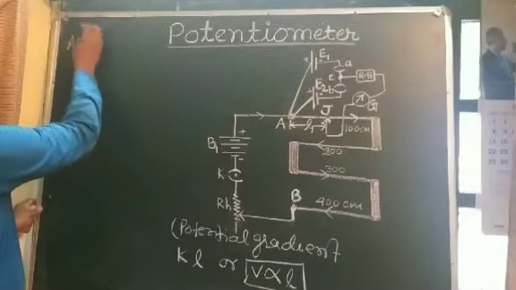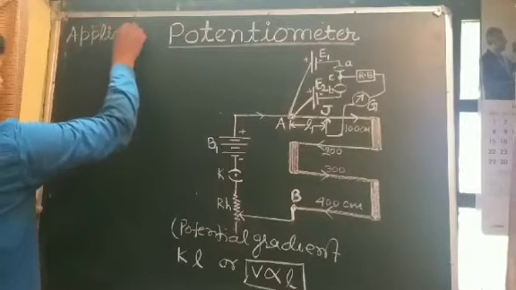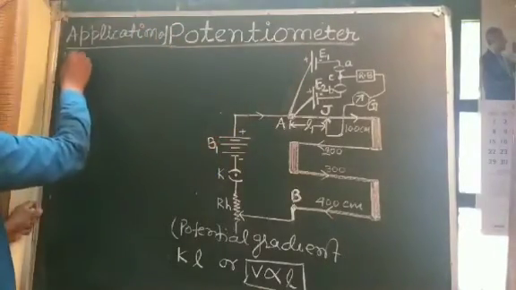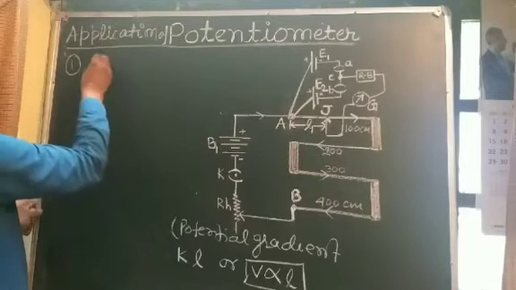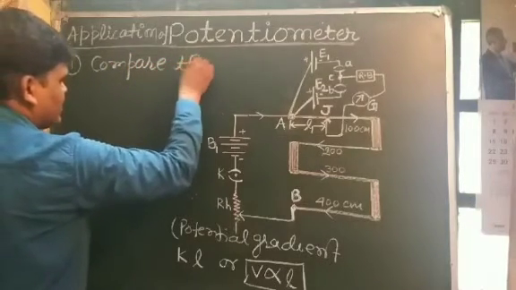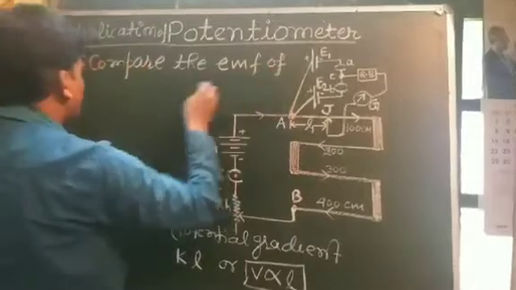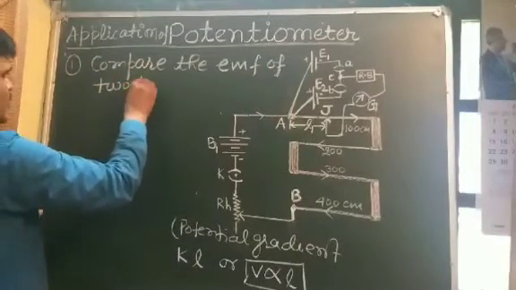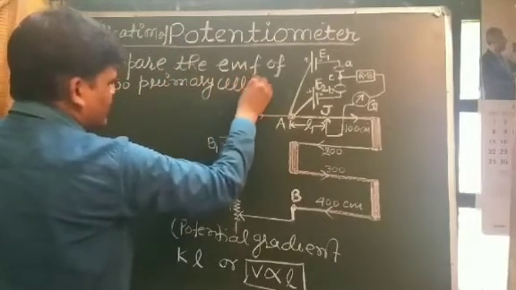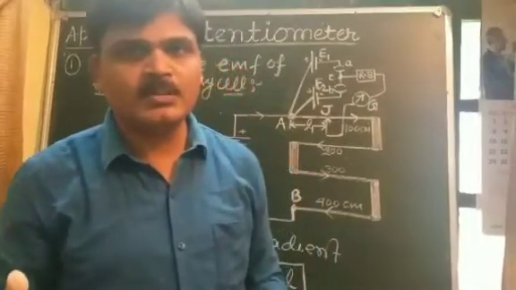Application of potentiometer. First application: compare the EMF of two primary cells. And the second one is to find the internal resistance of a primary cell.